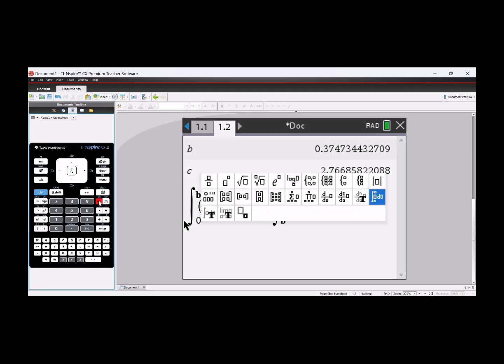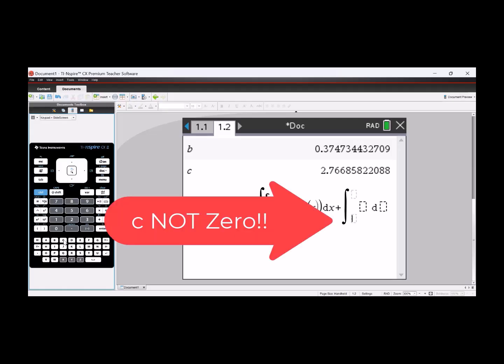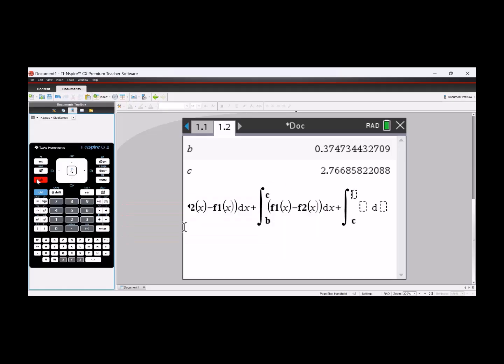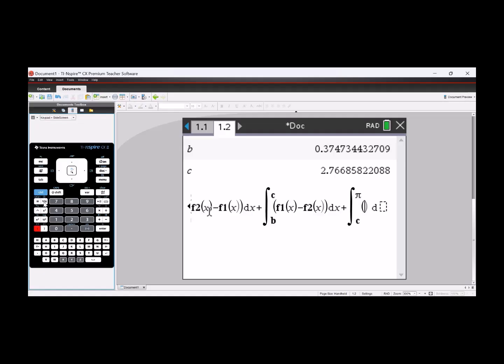we go back to the template key, get the definite integral. This integral goes from that second intersection, C, tab, to the end of our interval, which is pi, tab, and this time our cosine curve was on top. So this time, I'll write it the way we're going to write it on paper.